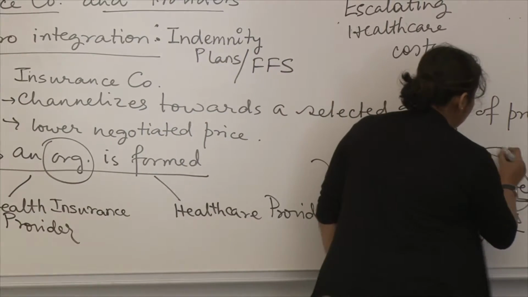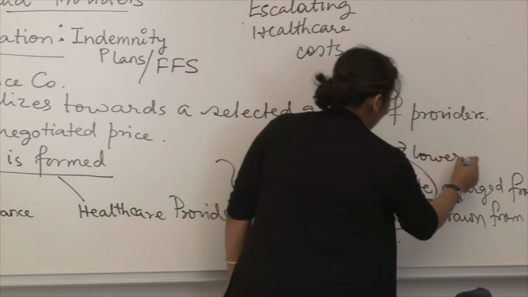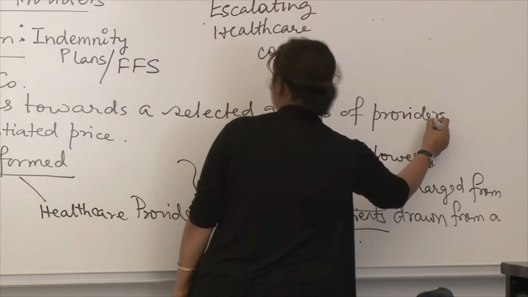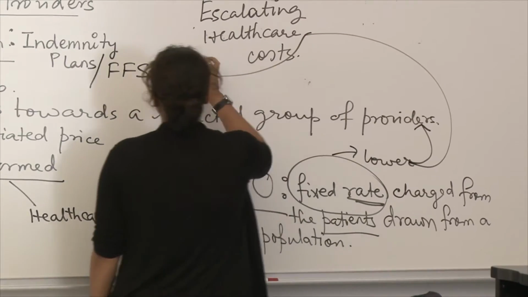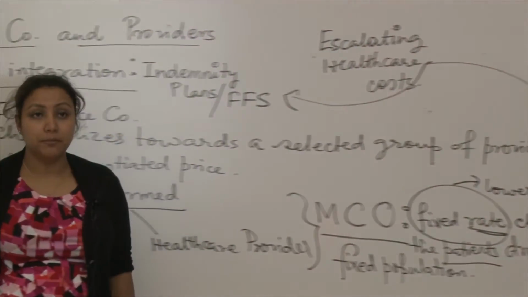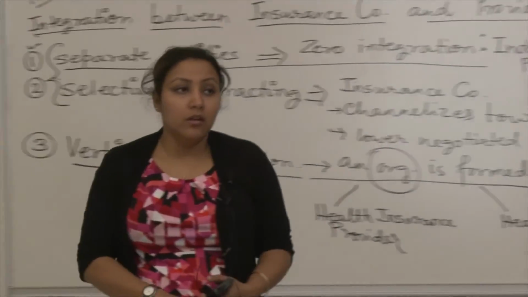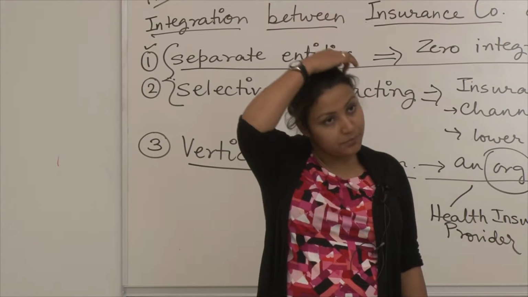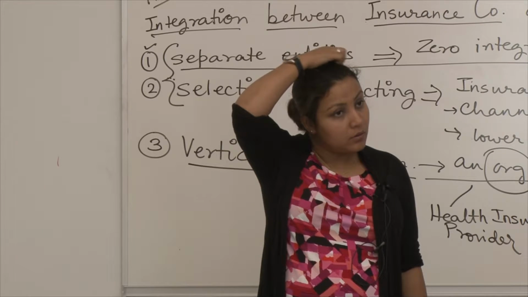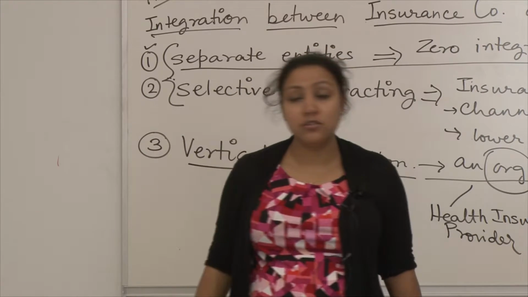This rate is usually lower than the selective contracting premium, and it is also lower than the fee for service premium. And that is empirically observed in the real world. Yes? What did you say the first benefit of it was? The first benefit was risk insulation.